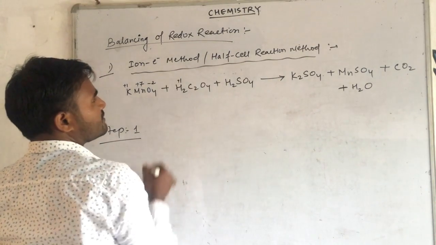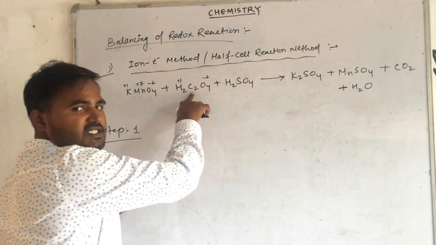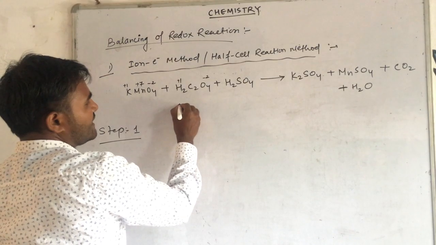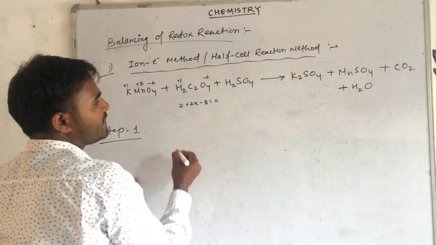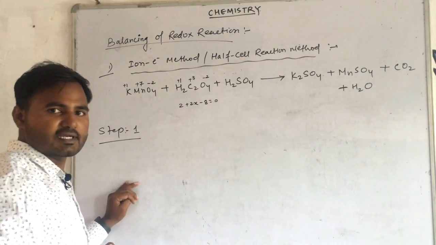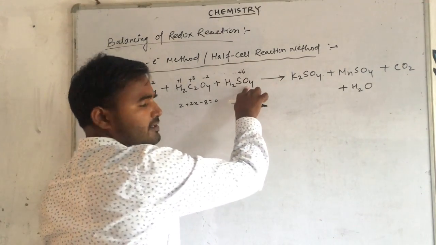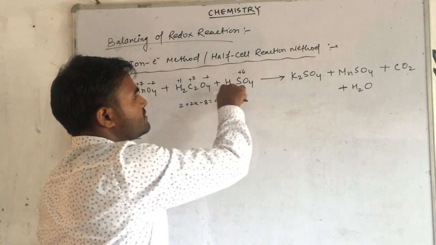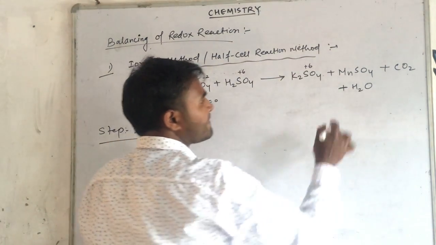Here +1, again -2, and what will be the oxidation number of carbon? We can find it: 2 plus 2x minus 8 is equal to 0, so it will be +3. Clear? Here sulfur is +6, because oxygen is -2, and hydrogen again +1. Similarly +6.